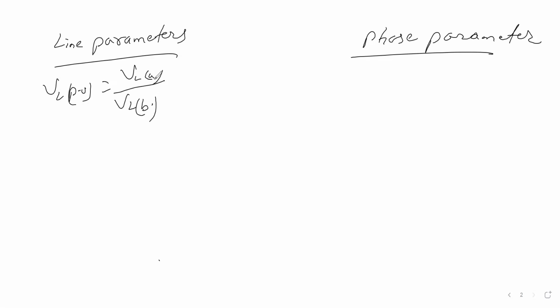Whereas phase per unit would be V phase actual by V phase base, right?